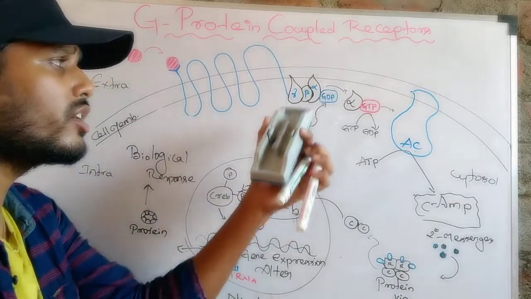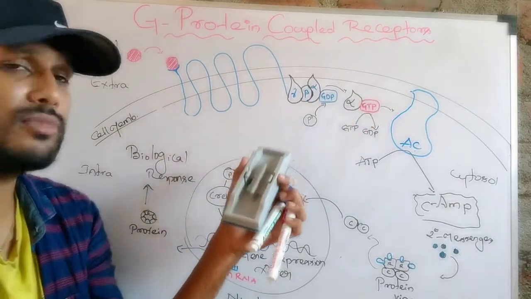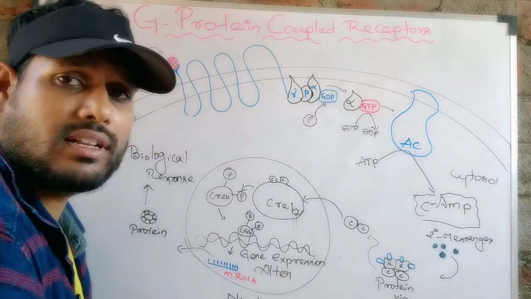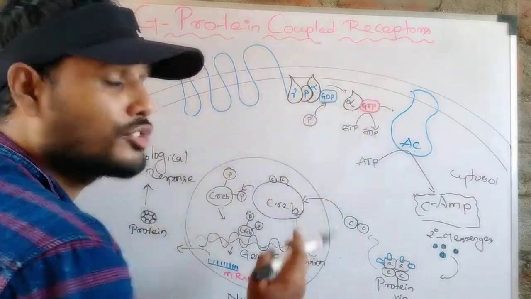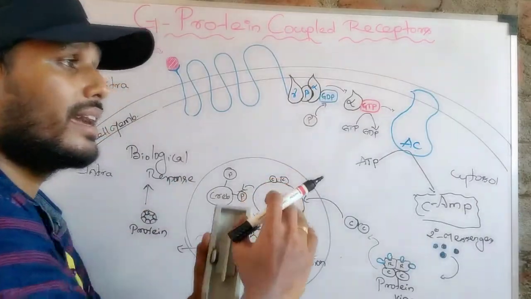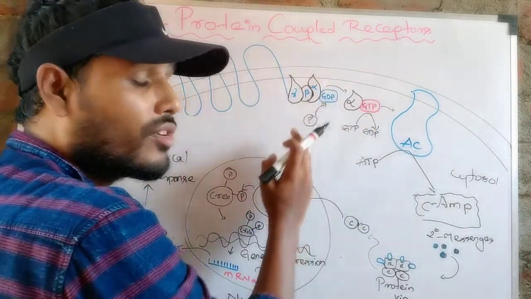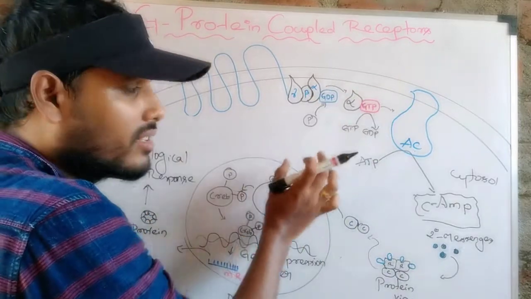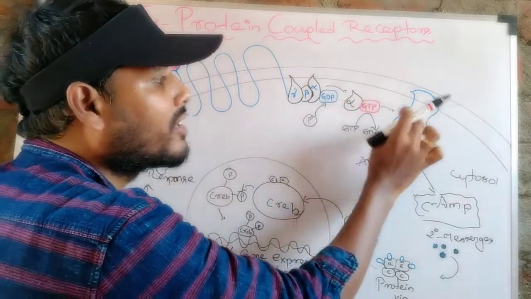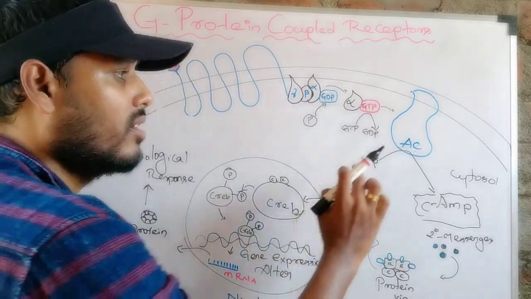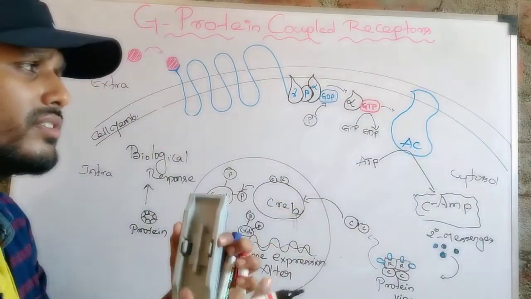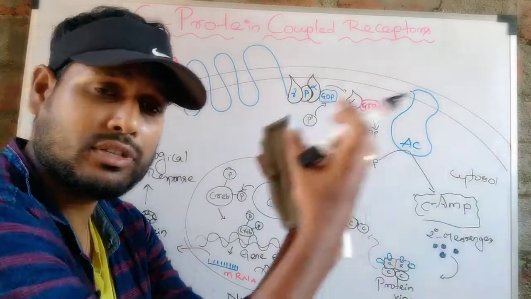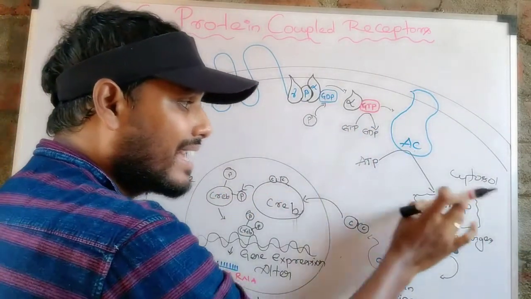At the end of the G protein type of receptors, phosphorylation will happen, then it will get dissociated. The alpha subunit will get activated and dissociates from its respective subunits. This activated alpha subunit will go and activate the adenyl cyclase. Whenever the adenyl cyclase gets activated, it takes lots of ATP or energy for production of cyclic AMP.